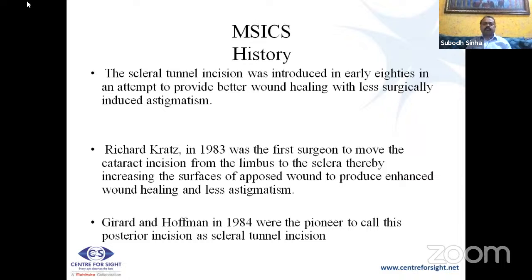In 1983, Richard Gras was the first surgeon who moved his incision from limbus to sclera. The idea was to increase the surface of a closed wound, which leads to enhanced wound healing and less astigmatism. Girard and Hoffman, in 1984, coined the term scleral tunnel incision.